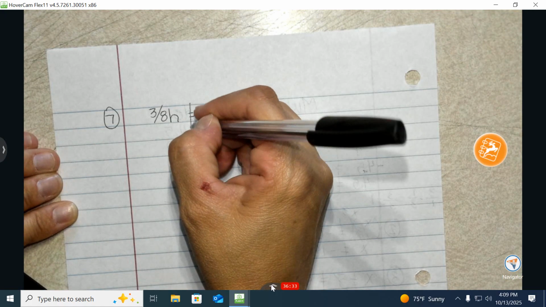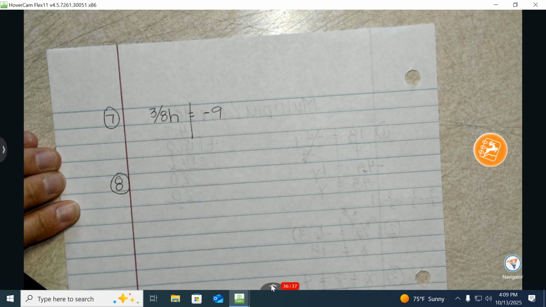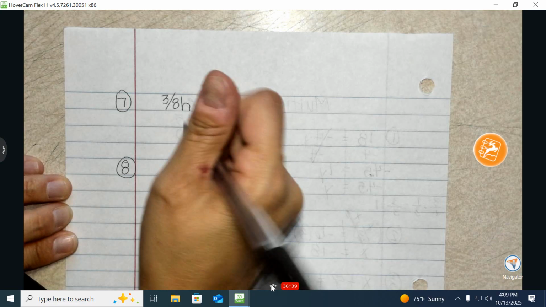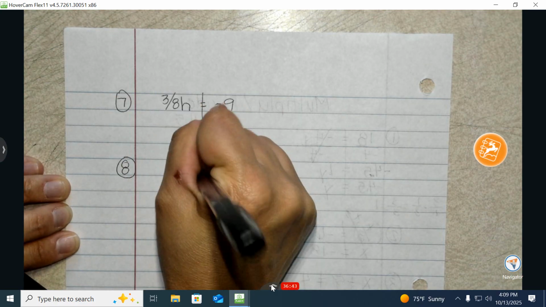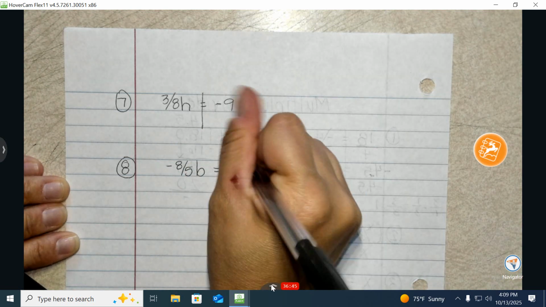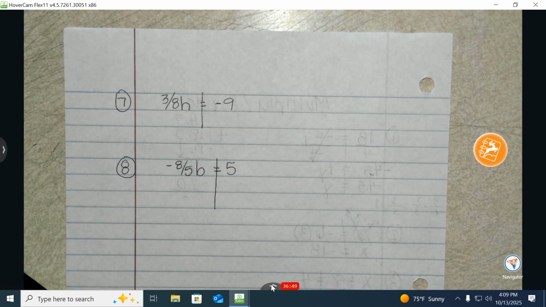Draw your line. And number 8 is -8/5 b equals 5. So we're multiplying by the reciprocal to solve this. Go ahead and pause your video and complete it.